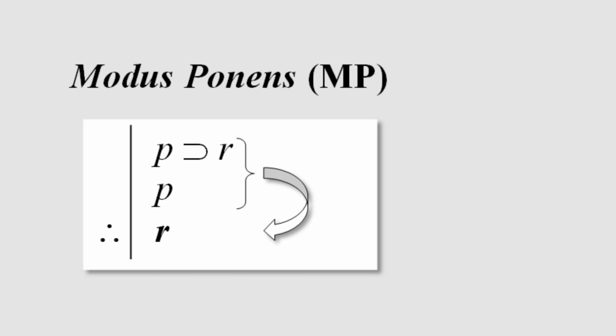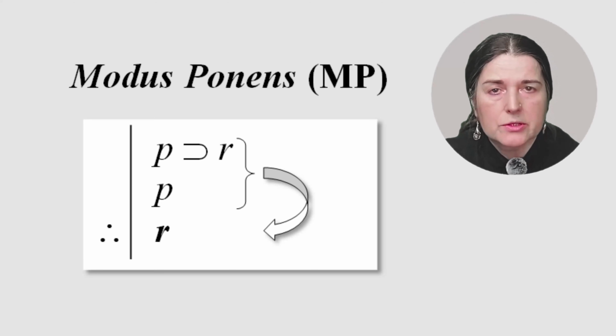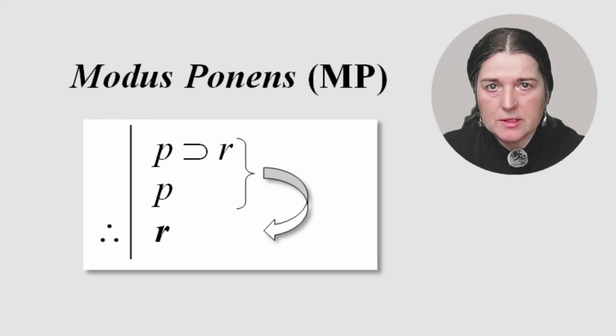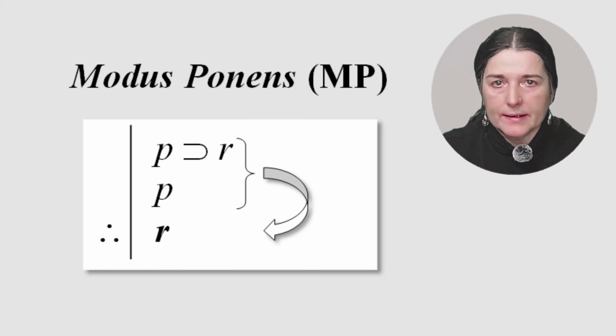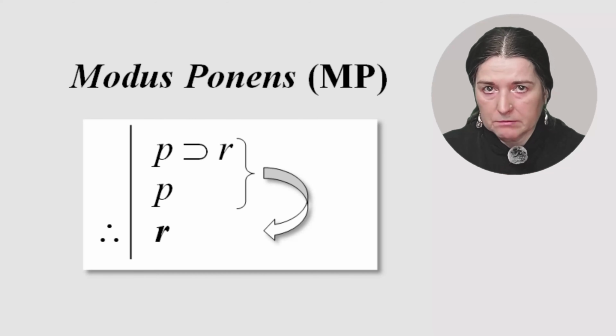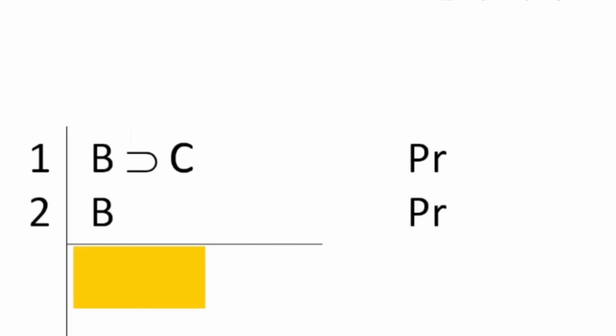To apply Modus Ponens, we must have, again, the conditional on its own line, and the antecedent must be matched. In other words, there must be a proposition that matches the antecedent of the conditional, and that proposition must stand on its own line. And here we have these conditions fulfilled.